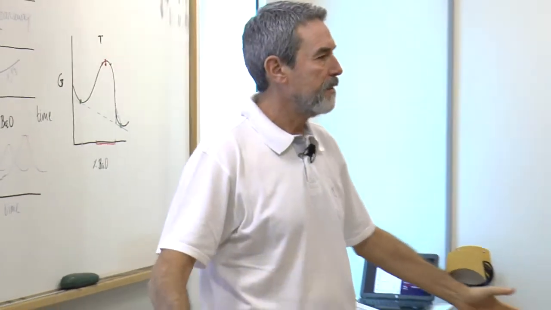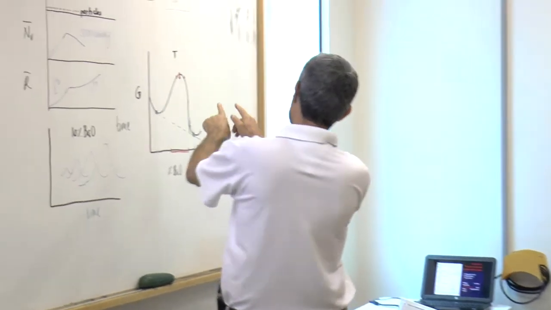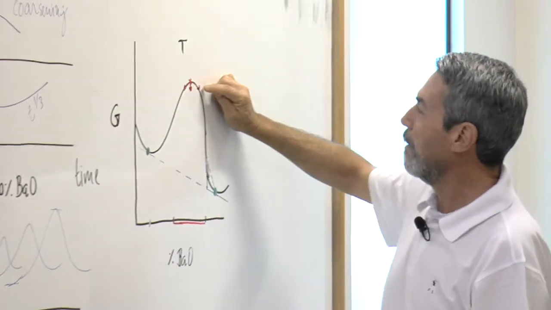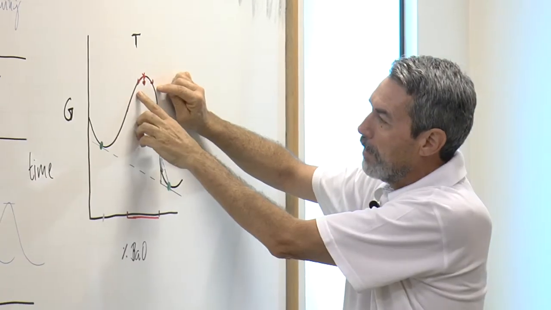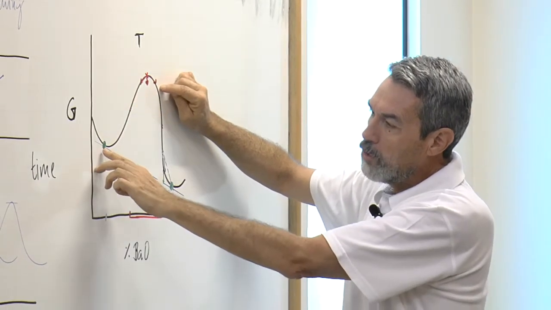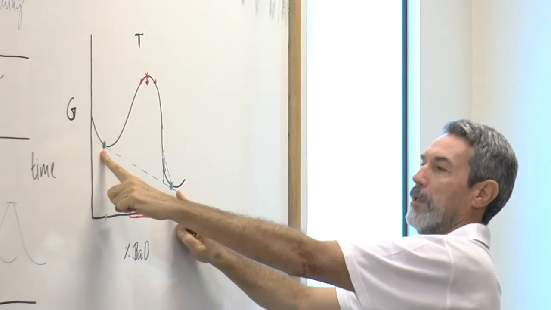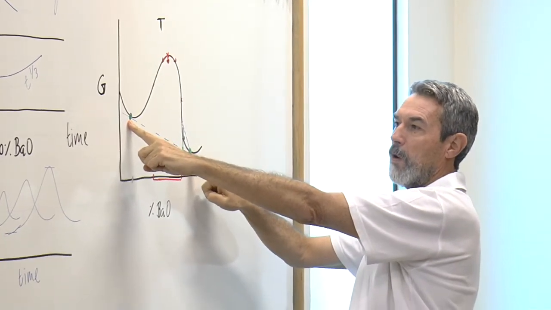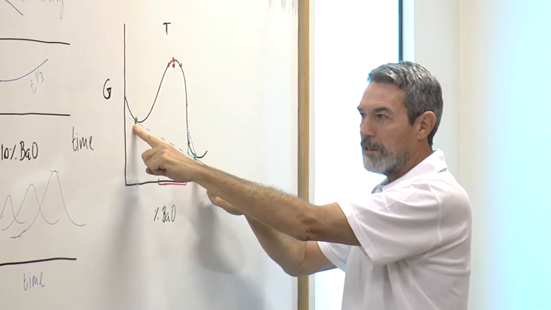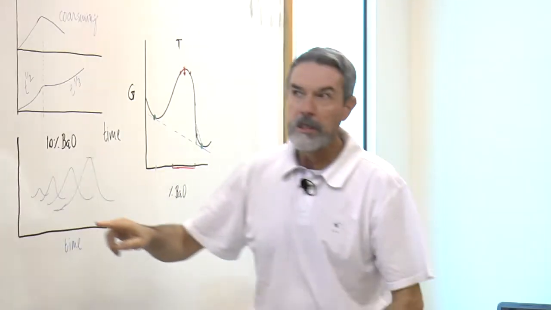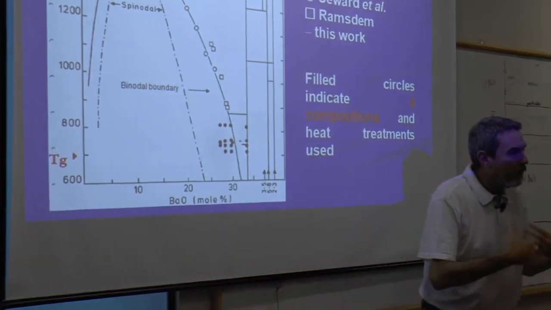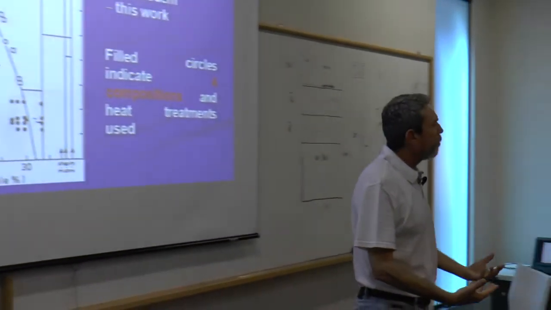So the system evolves in this way: two phases, one coming to this side and one to this side, and they only stop when they reach these two points here. But if you recall, these two points refer to the binodal boundary. That's why it only stops at the binodal boundary.